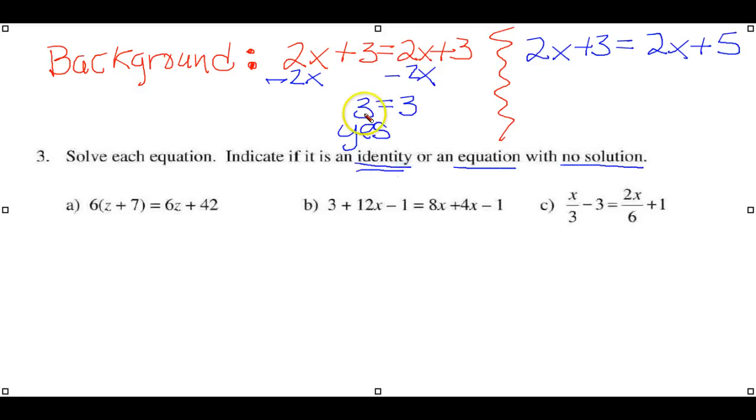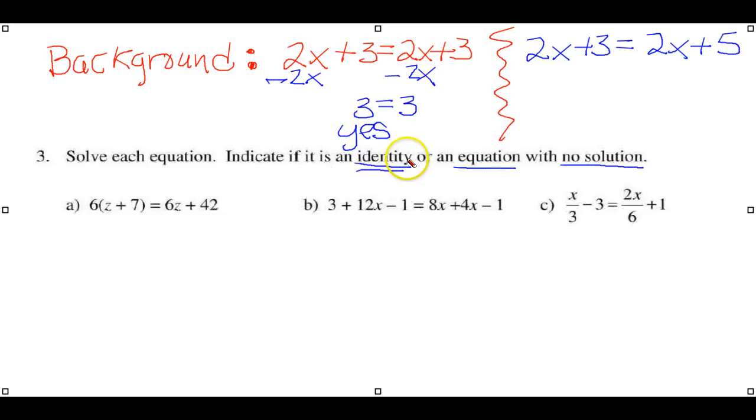So what's the solution for something that's an identity? Well, if you put a 5 here, and you put a 5 here, this is 10 plus 3, 10 plus 3 is 15. If you put a 2 there and a 2 there, in fact, you can put any number there, so long as it's the same number there, and it would make it a true statement.